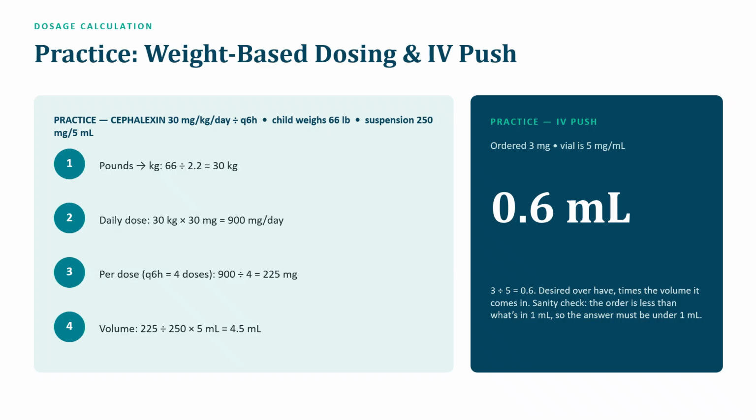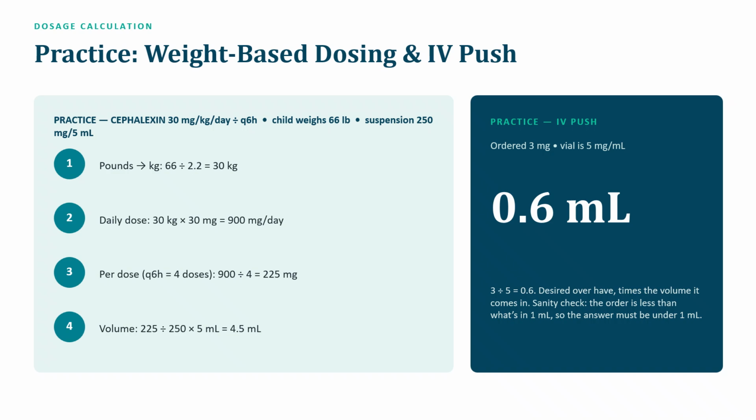So the first thing that we do is we convert our pounds to kilograms. So 66 divided by 2.2 gives us 30. So then we determine our daily dose. We take that 30 milligrams, we times it by the 30 kilograms, and that gives us 900 milligrams per day. But this medication is ordered every 6 hours. That means they are going to receive 4 doses in a 24-hour period.